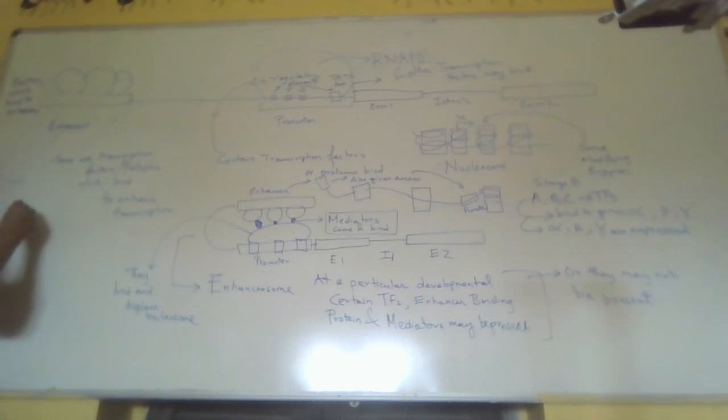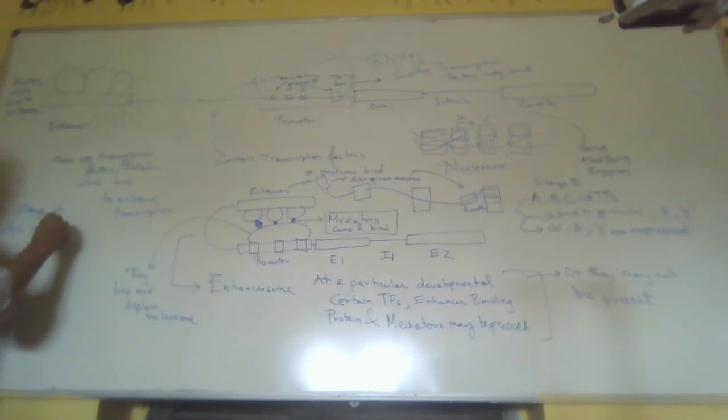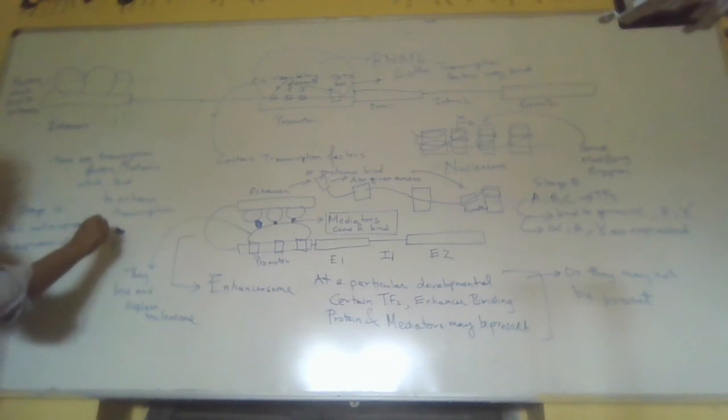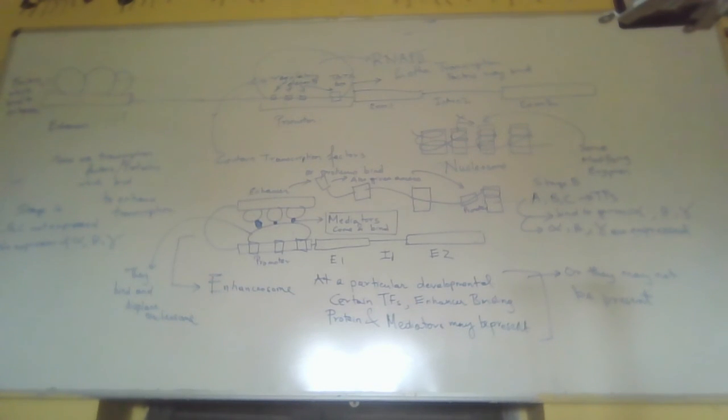Now, stage 16, ABC is not expressed. This means no expression of alpha, beta and gamma. Clear? ABC regulation takes place maybe because of some environmental condition.